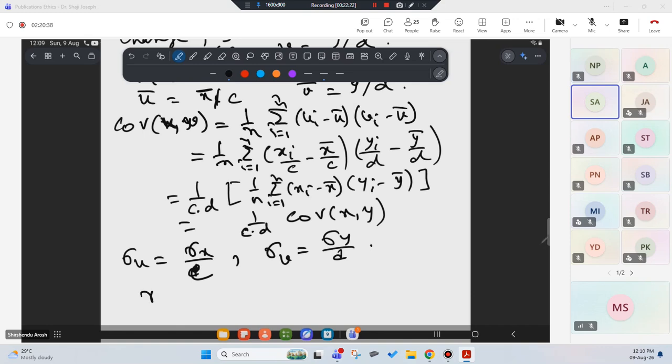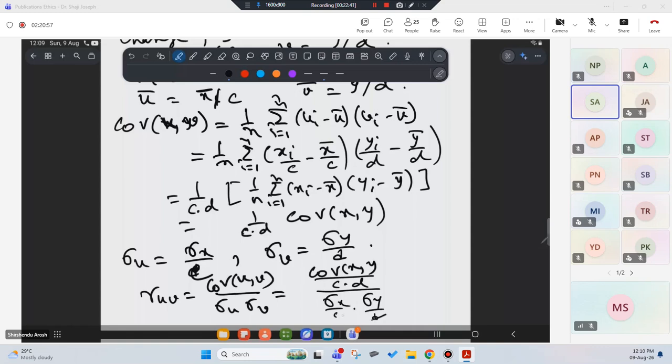So if I find out finally r u v, we just put the values. So covariance of x comma y by c multiplied by d, sigma x by c, sigma y by d. So these are gone.